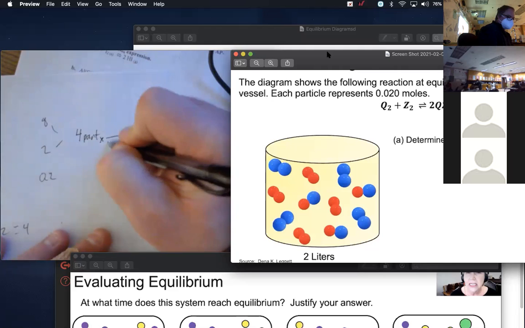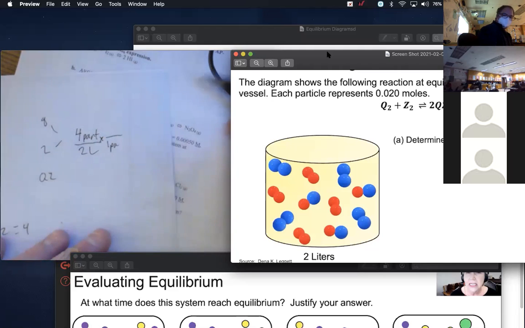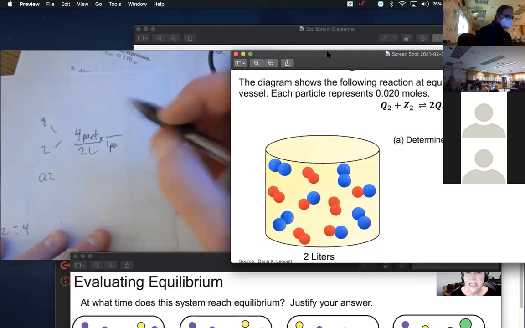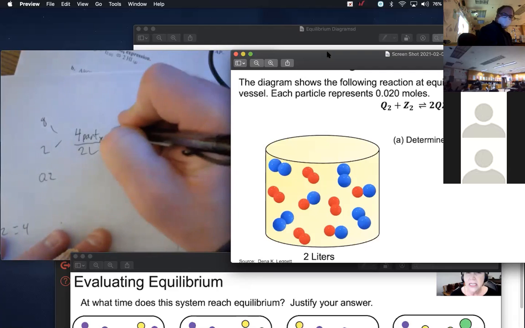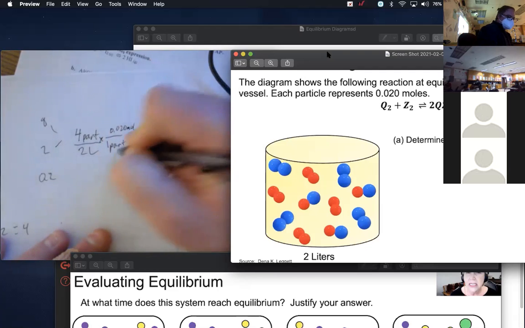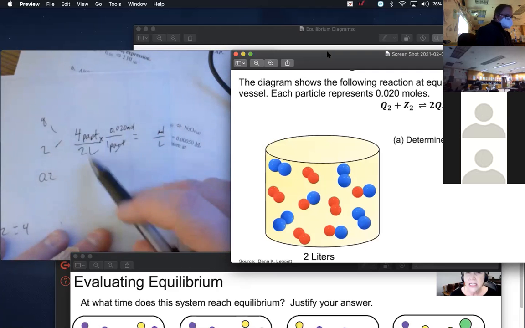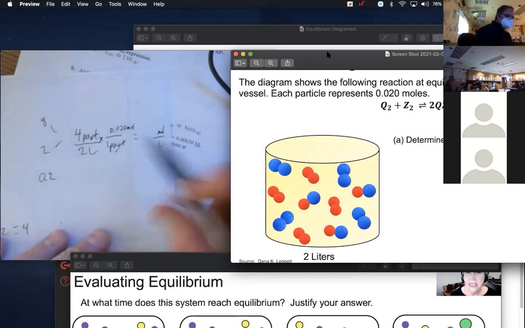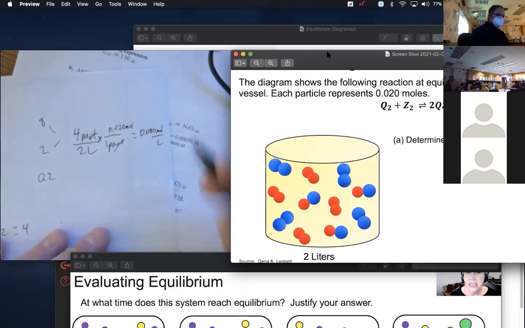There are 4 particles per the 2 liters. Every 1 particle represents 0.020 moles. Particles will cancel out, and we will get moles per liter. 4 divided by 2 is 2. 2 times 0.02 is 0.04 moles per liter.